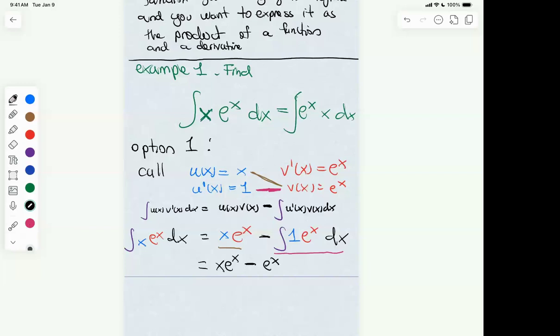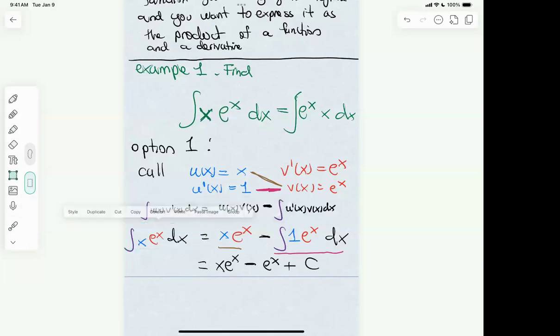And at this point, after you finish doing all the integrals, you put the plus C for the constant of integration. But it's only at the very end. Before then, it doesn't make a lot of sense to put it. And that is the antiderivative for x times e to the x: x e to the x minus e to the x.